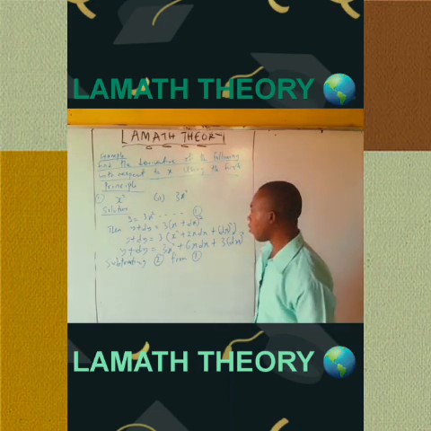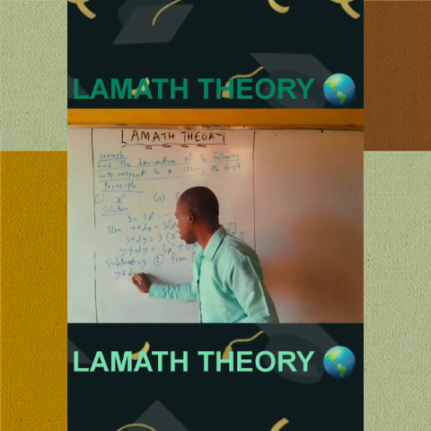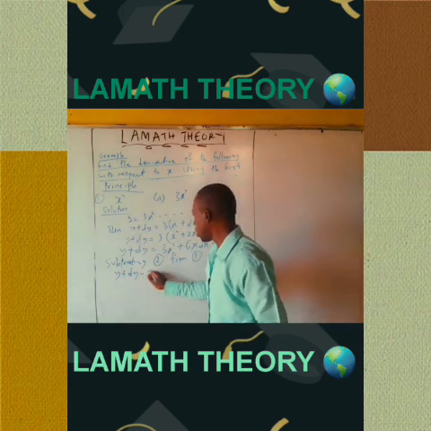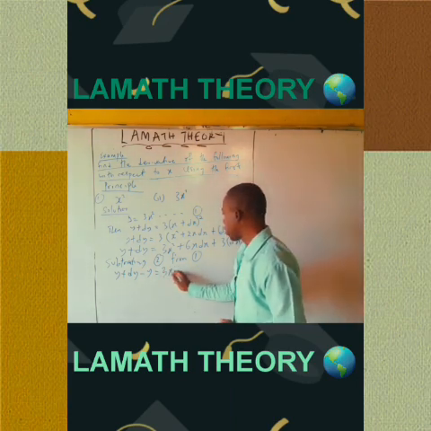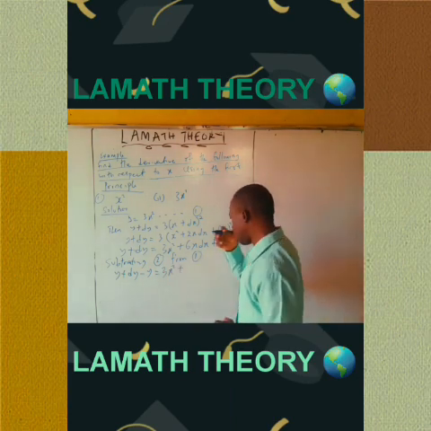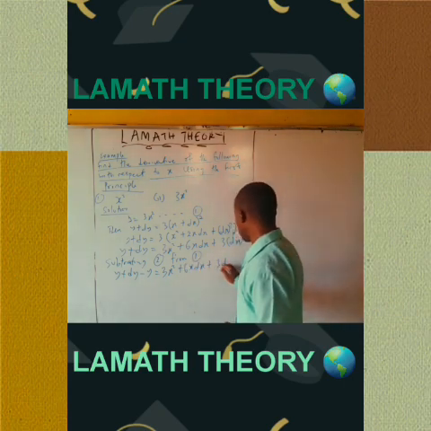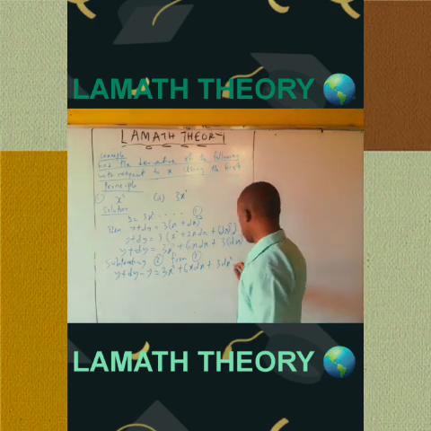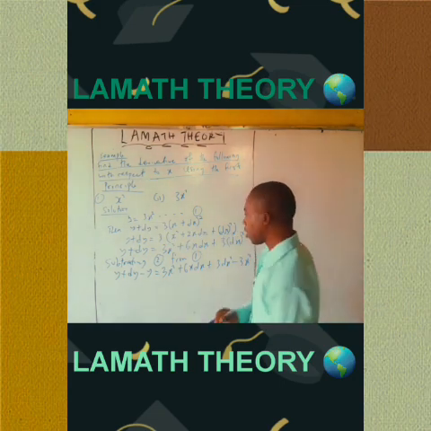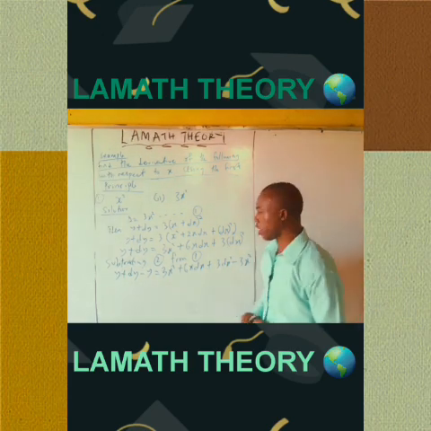Okay. Now, our equation 2 is y plus dy minus y equals, are we together now? So we have 3x squared plus 6x dx plus 3dx squared minus 3x squared. Is it clear now? Okay.